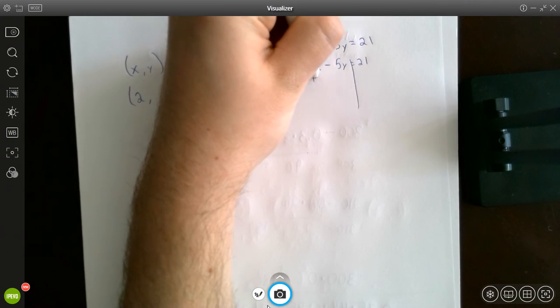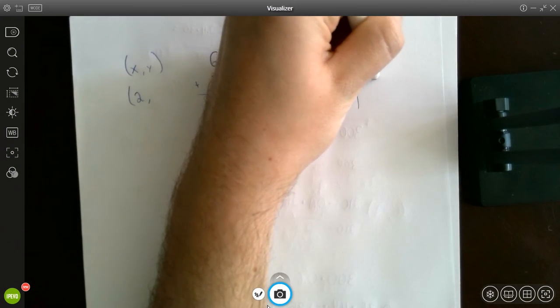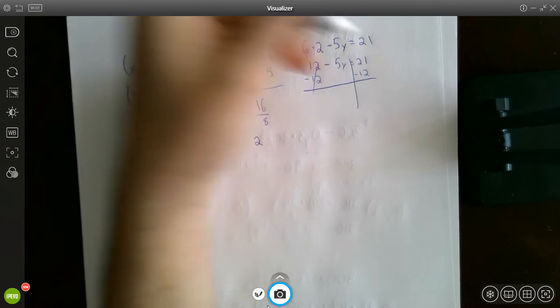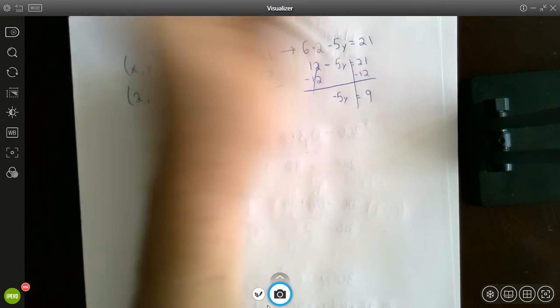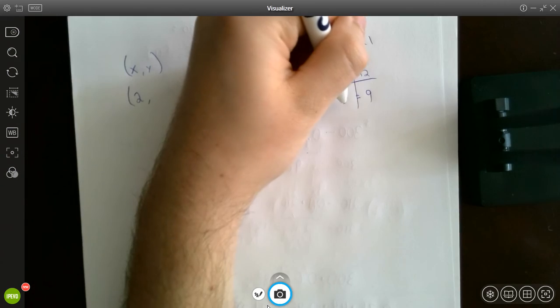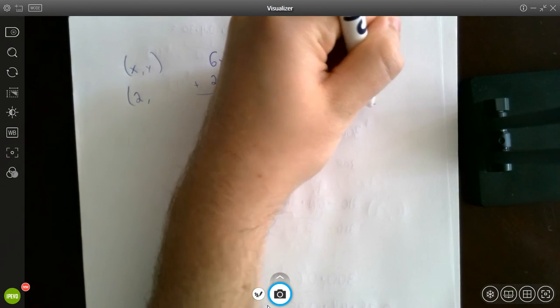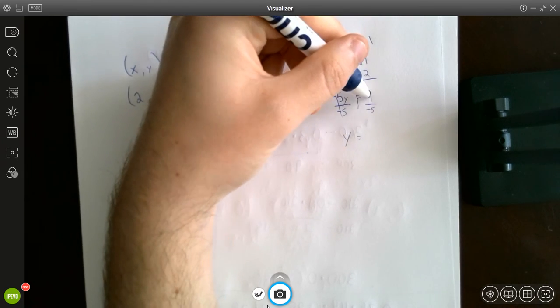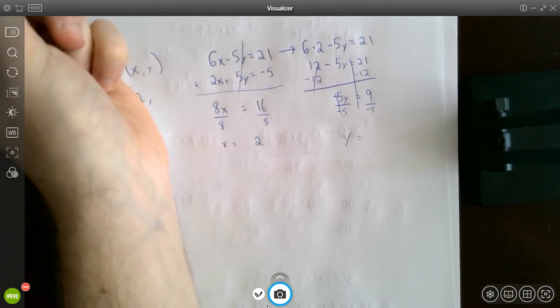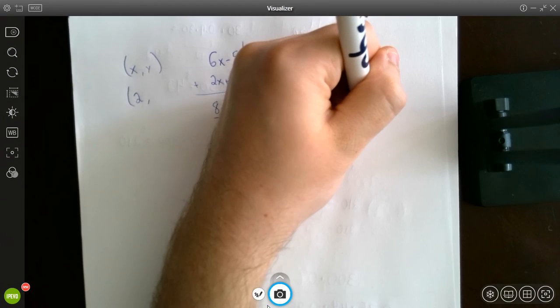Our next step is subtracting 12 from each side, which gives us negative 5y equals 9. Our last step is dividing by negative 5. So y is equal to 9 negative fifths, or negative 1 and 4 fifths, either one.